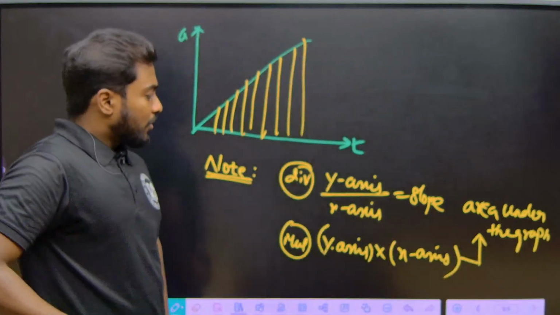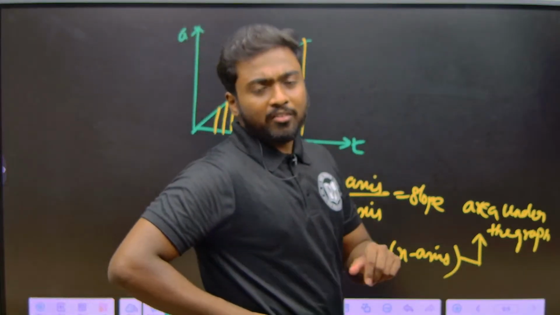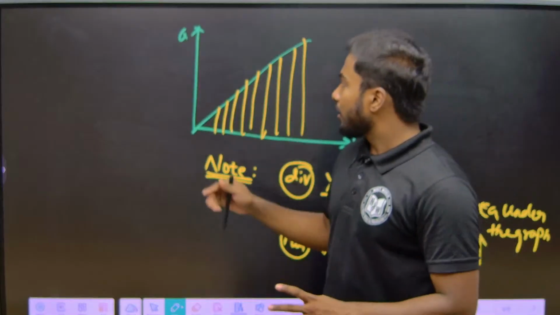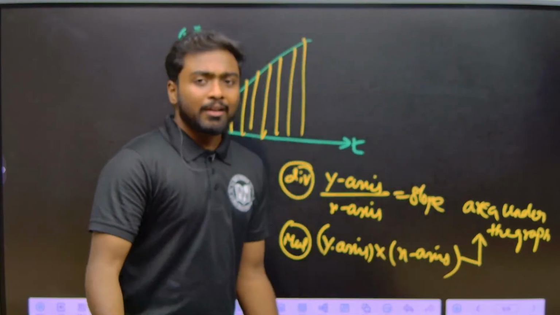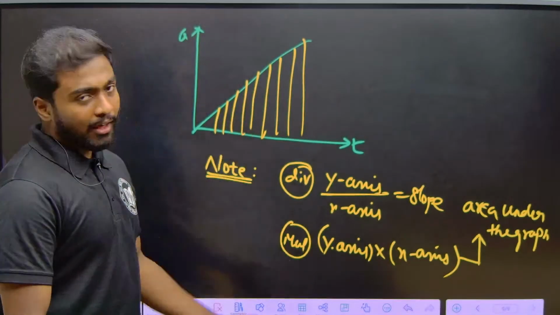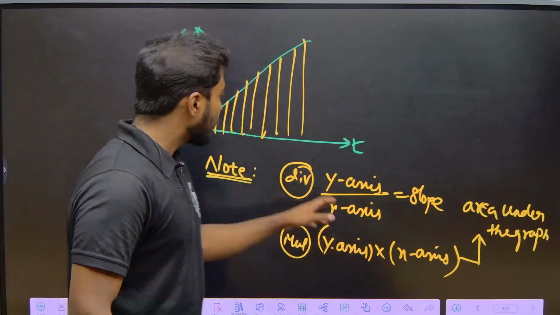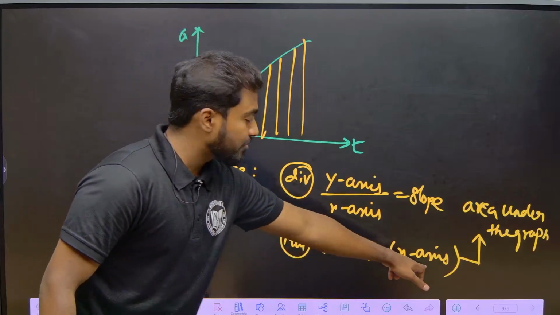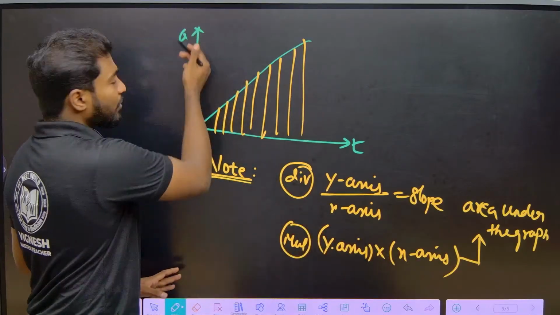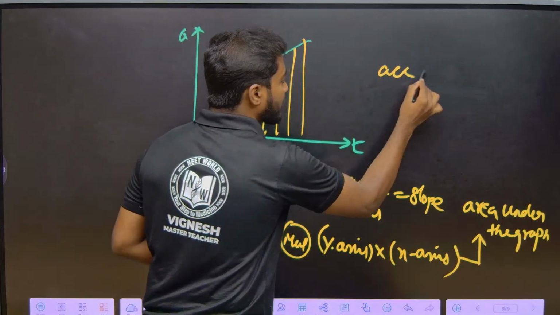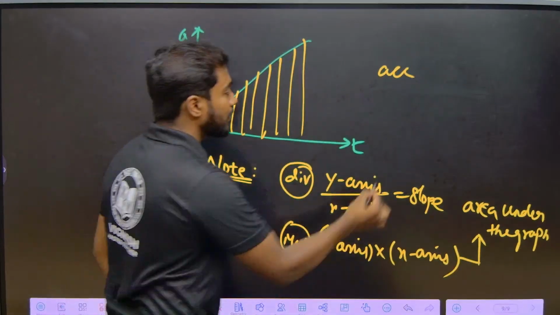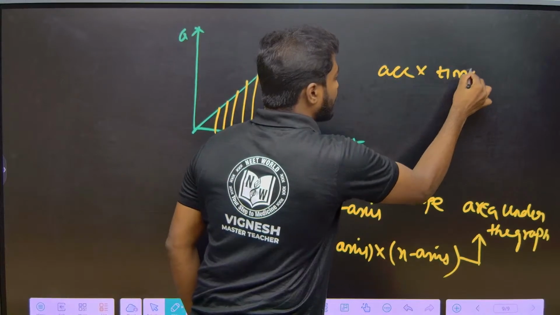Okay, sir, you talked about slope. We understood what a slope is for the VT graph or XT graph. If I take the area for the VT graph or AT graph, what will come? Simple, like what I told, y axis into x axis, right? What is the y axis here? Acceleration, right? Multiply by the x axis, time.